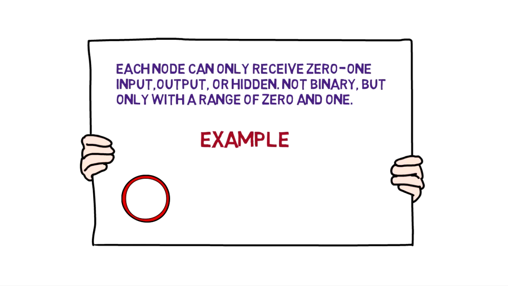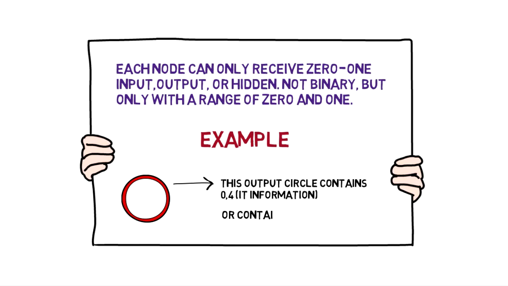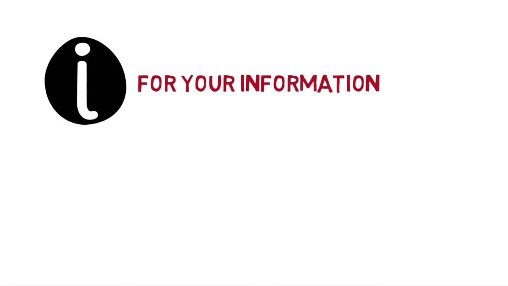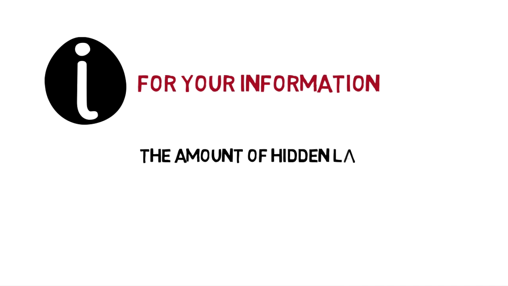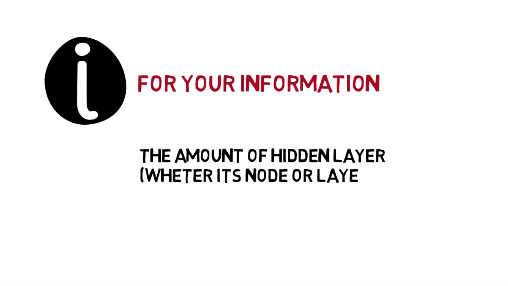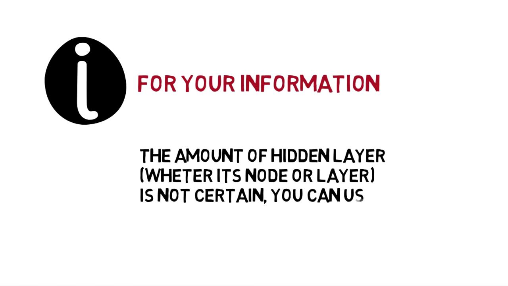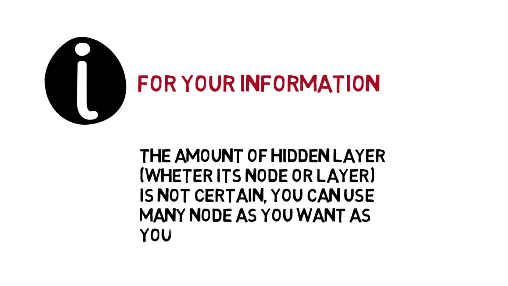For example, here we have a node. This output circle contains 0.4 for read information, or contains 0.25 for input. And for your information, the number of hidden nodes or layers is not fixed. You can use as many nodes as you need.